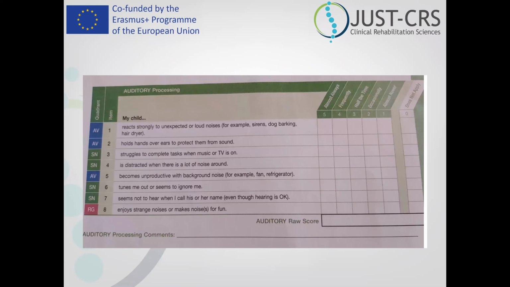This is an example of one part of the Sensory Profile, and I chose auditory processing. As we can see, the items reflect everyday experiences. For example, item number 2: the child holds hands over ears to protect them from sound. When the caregiver reads this item, he can choose how often the child does this behavior in response to sound.